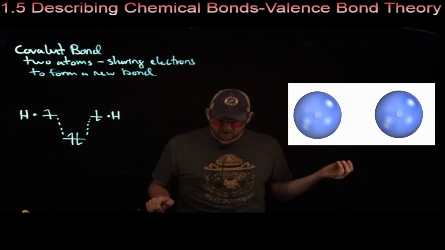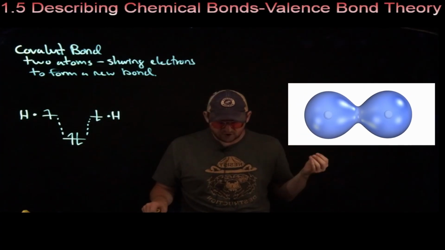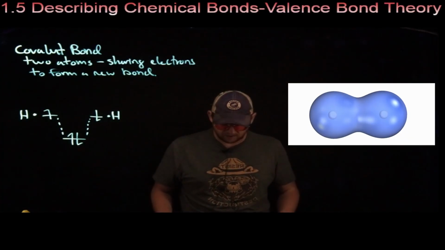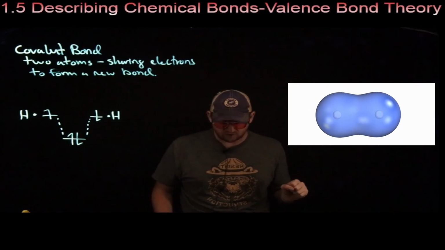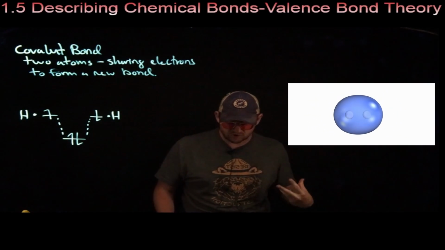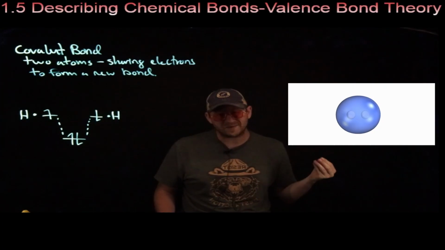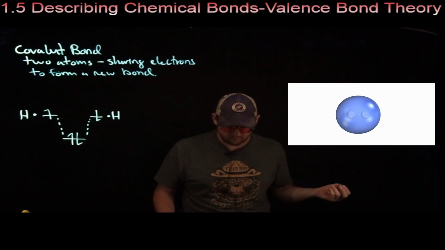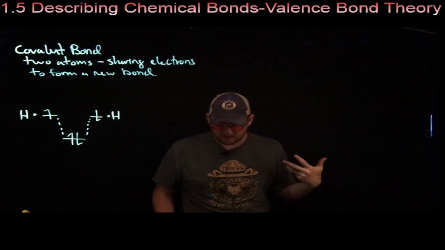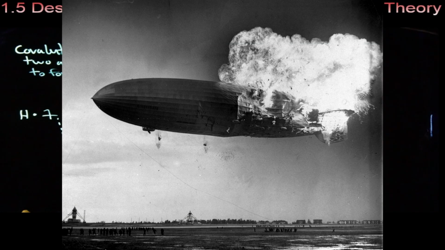So here's a fairly accurate simulation of what these orbitals look like when they merge together. Notice how the animation of the electron cloud is actually smaller than the individual starting electron clouds. And that is because the product is stable. Now you might have seen an image or a video of a hydrogen fire like the Hindenburg.